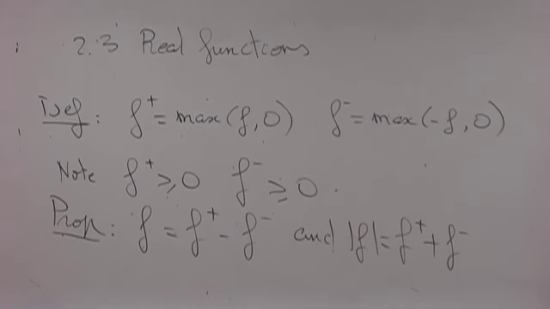If your f of x is negative or 0, then f plus of x is 0, and f minus of x is minus f of x. So f of x is f plus of x minus f minus of x, because we have 2 minuses and we get our f back.